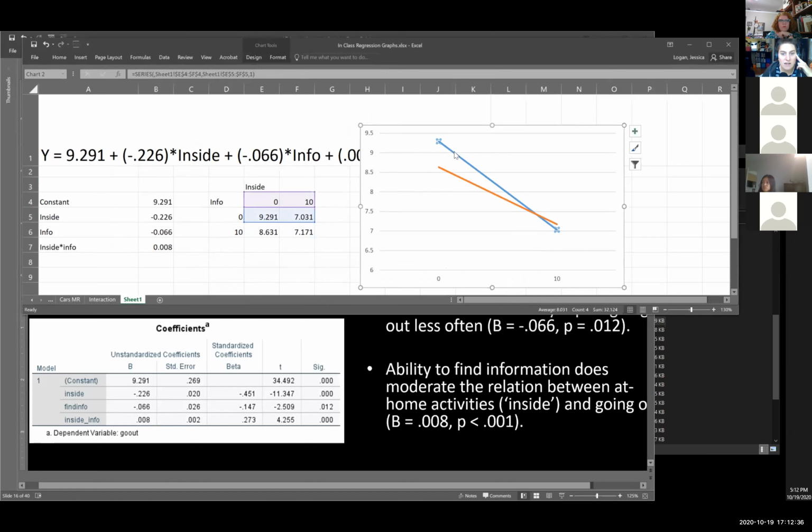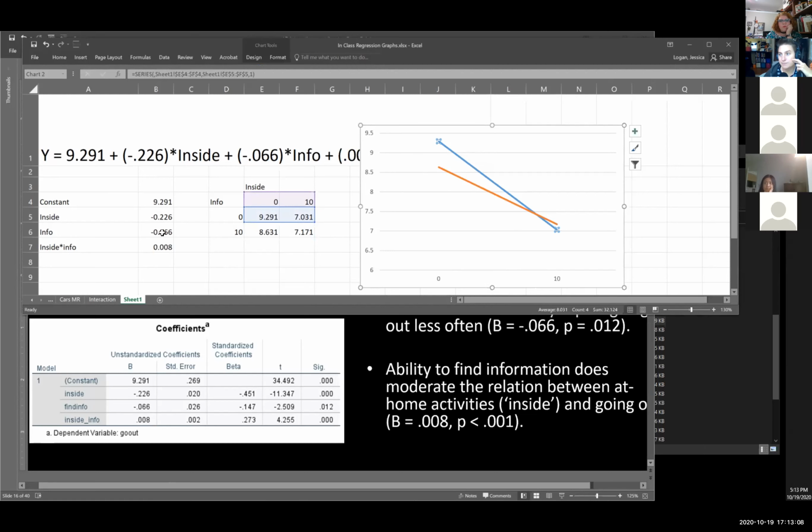So one of these has a steeper slope. Can you see that one of them has a steeper slope here? It's this one. When info is 10, the slope that relates inside to going out is shallower than it is when info is 0.